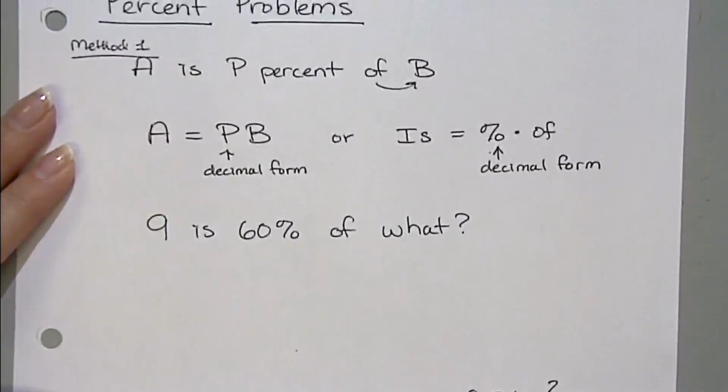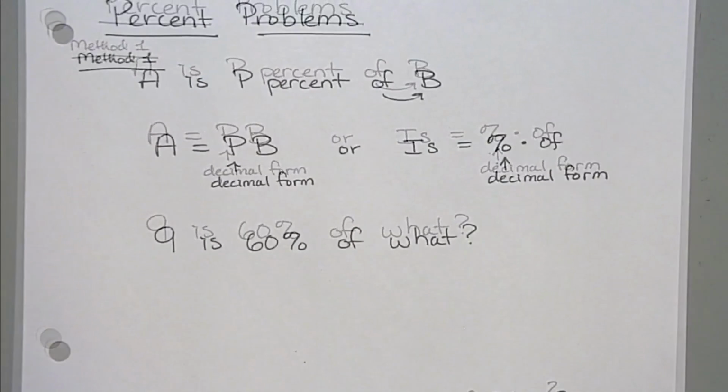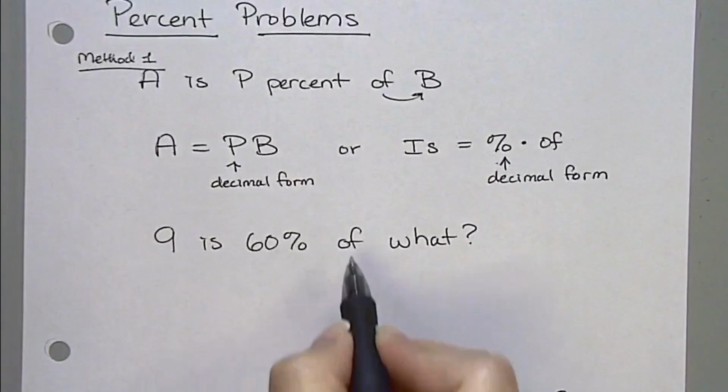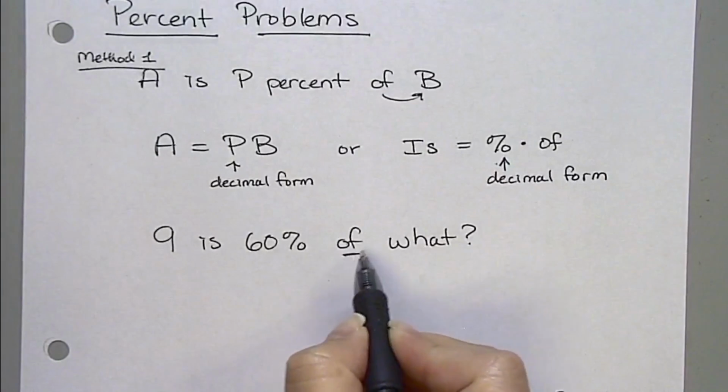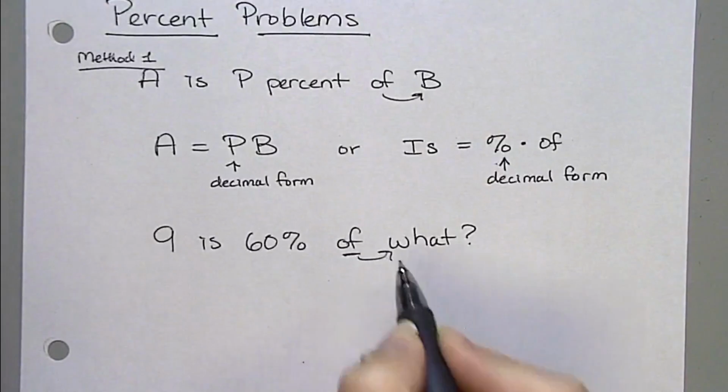So here's what one problem might be. 9 is 60% of what? So translating this problem, the first thing that I always do is I look for the word of. Notice that the word of is right here, and what comes after the word of? What? So that's your unknown.